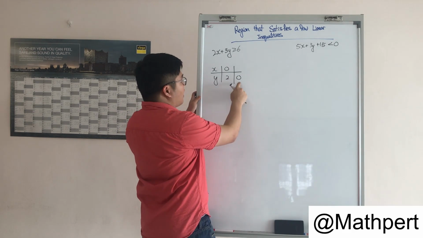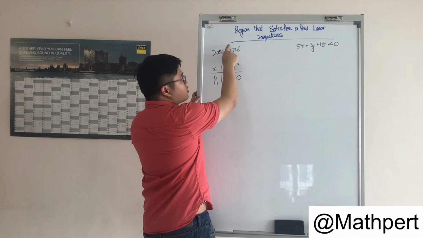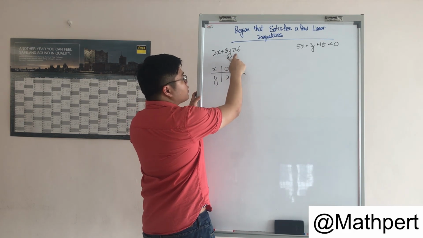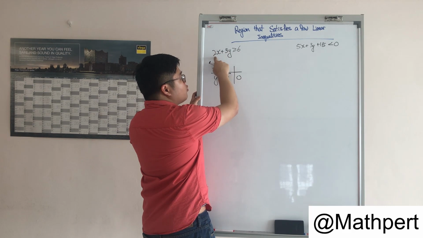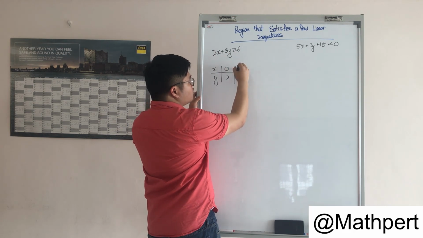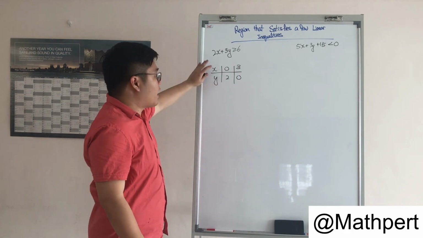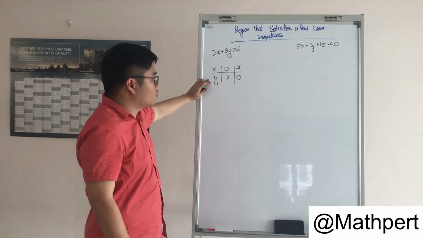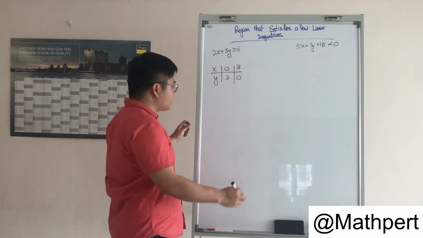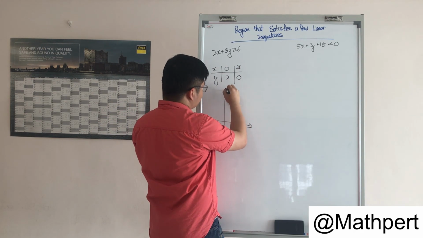How about this one? When y equals 0, this whole term is 0. So 2x is greater than or equal to 6. So 2 moving to here, it becomes 6 divided by 2, which is 3. So now we have these two values. When x equals 0, y equals 2. When y equals 0, x equals 3. So let's find the shaded region.